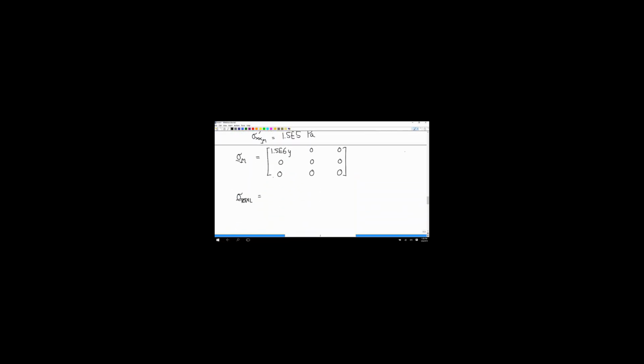We're just going to add these two stress tensors together. We can write that as 1.5 times 10 to the 6 y minus 37,500, and that's the XX element, and then zeros everywhere else.